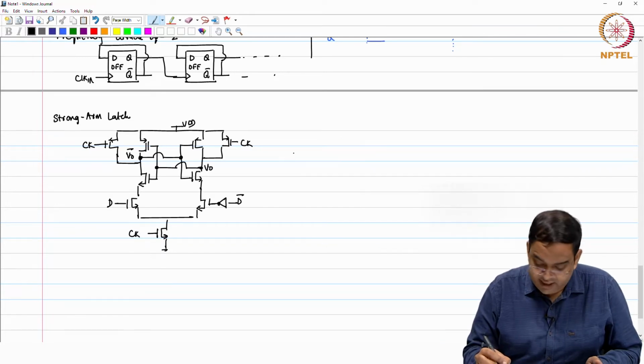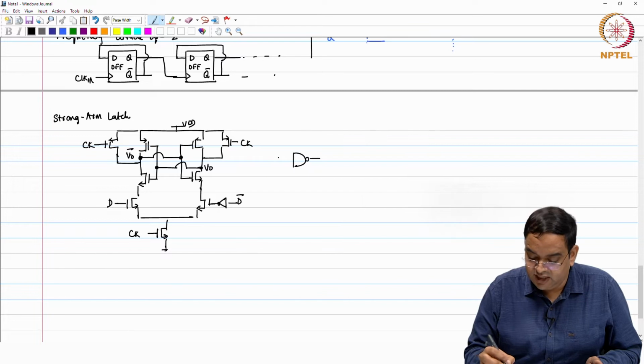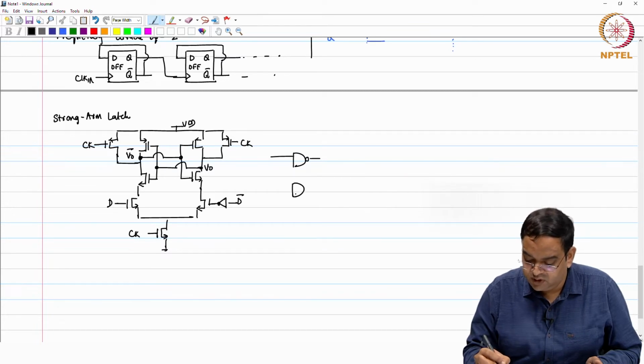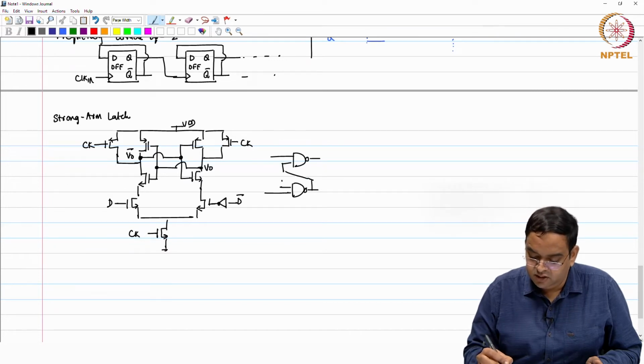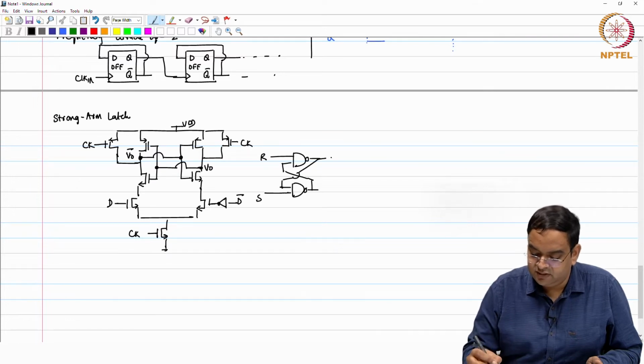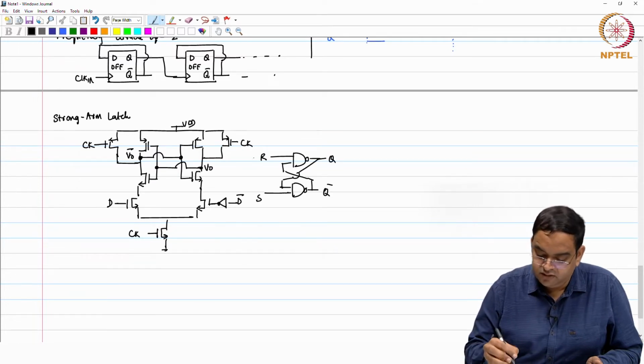So, you have a NAND based RS latch which we use. Okay, you can have a different method of implementation, but the operation should be similar. This is R and S, this is Q and Q bar. So, here R and S is VO and VO bar.